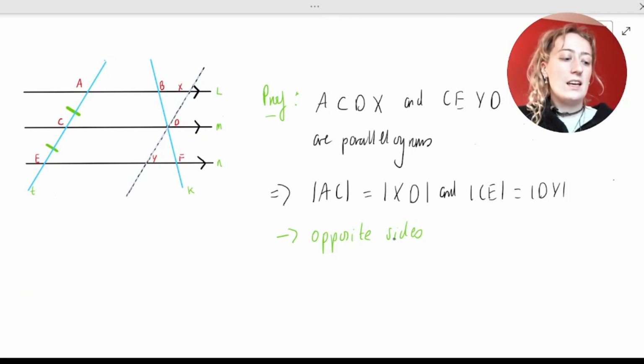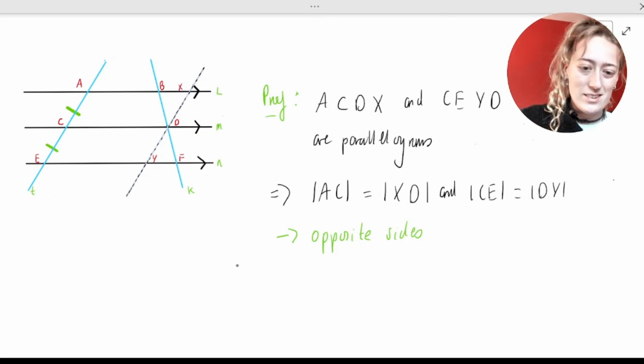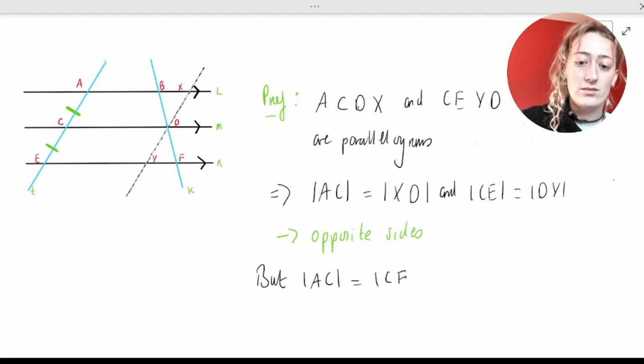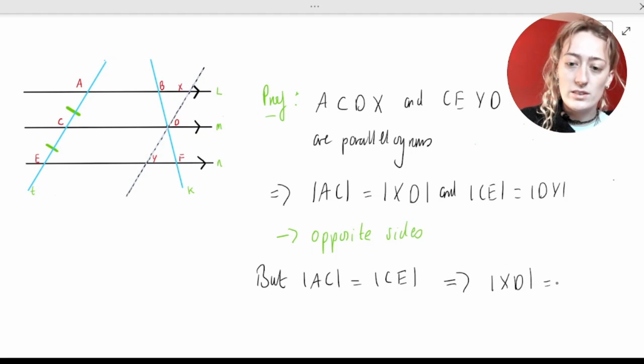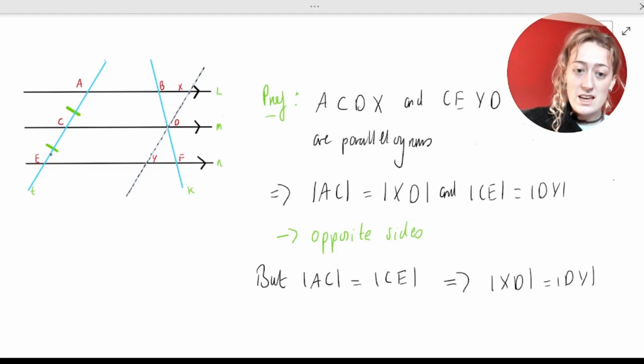The next thing is that, however, AC is equal to CE. That was in our given. So that must imply that XD is equal to DY. If AC is equal to CE, and AC is equal to XD and CE is equal to DY, then XD must equal DY as well.